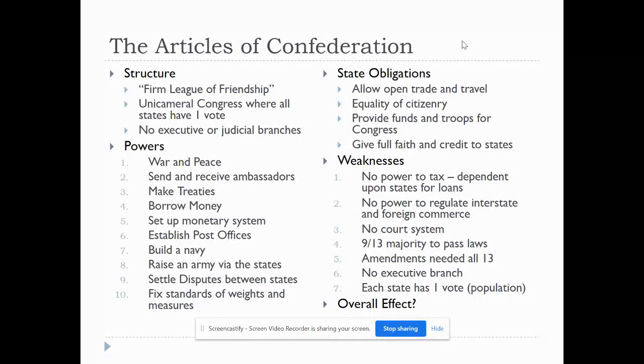If you want to see a confederacy that also doesn't make it, during the Civil War, the South is a confederacy. And when we talk about the Civil War, the Confederate States of America don't hold together as well as they need to prosecute the war. And that's kind of the issue with the idea of a confederation.